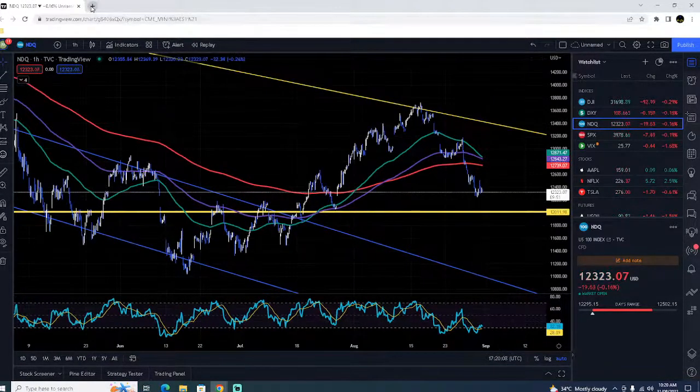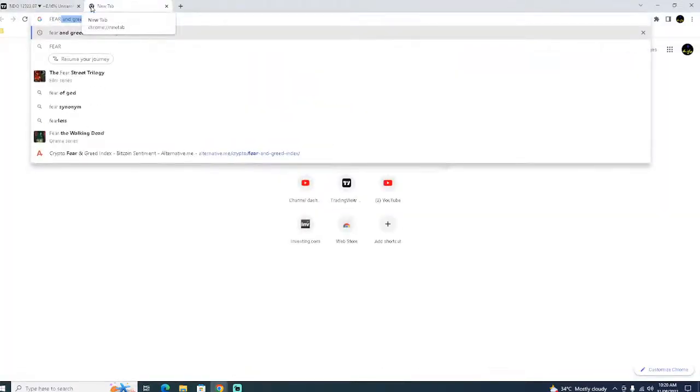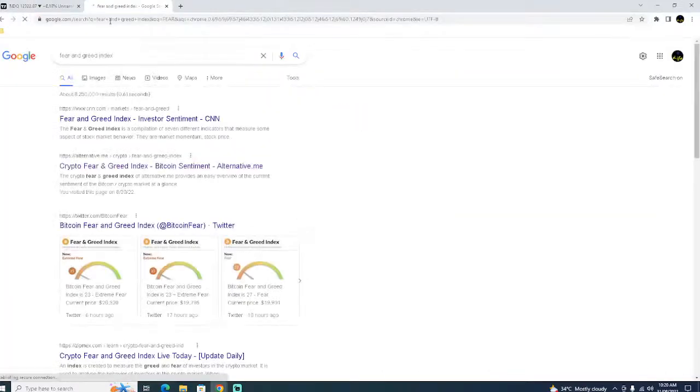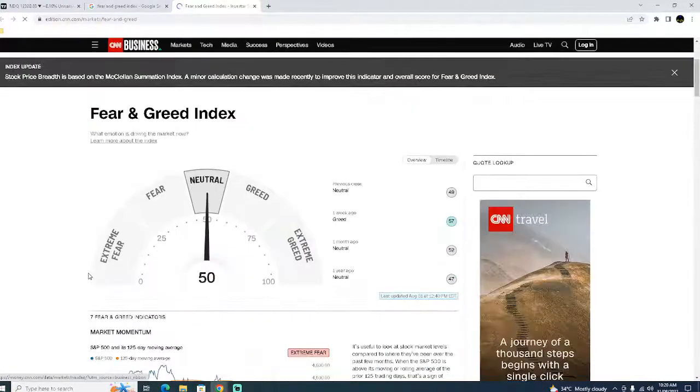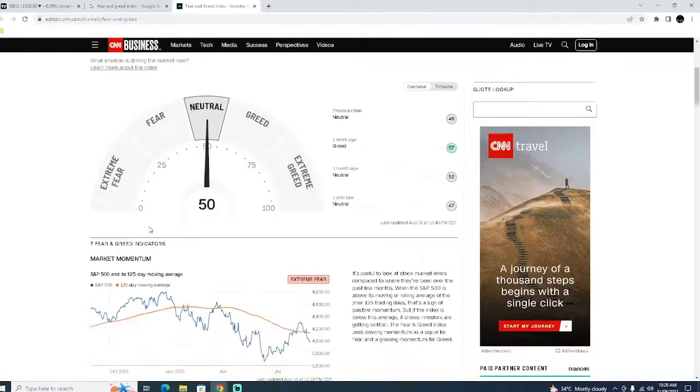And talking about fear, we can check the fear and greed index also. Currently the Bitcoin fear and greed index is sitting at 23. So we are in extreme fear. We just entered extreme fear. In terms of the stock market, we are currently neutral. Interesting. So there is a possibility to go further down.